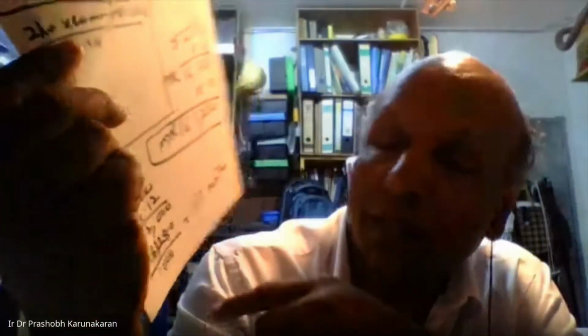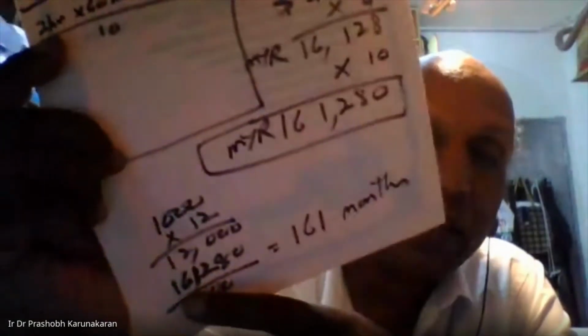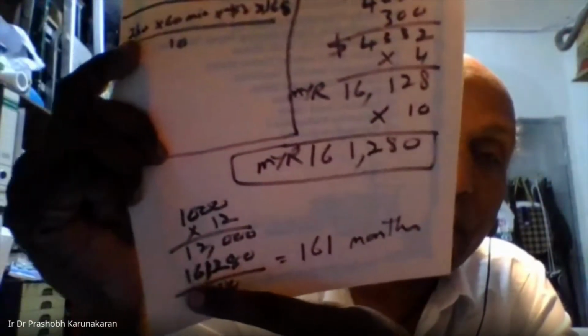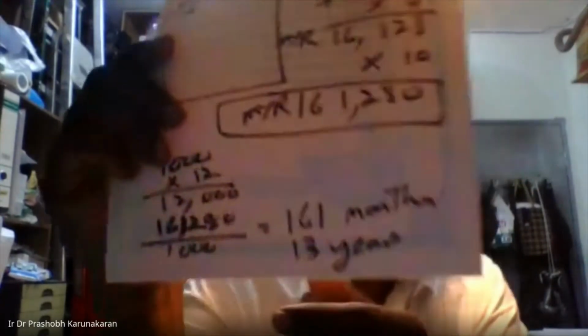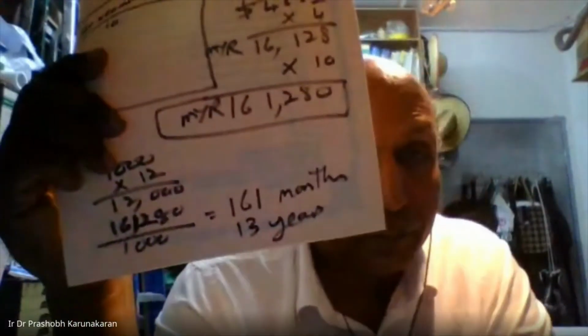Okay, but never mind, we just take it at 161,000 divided by 1,000. 161 months. How many years is that? The crash of the machine costs 13 years of salary.